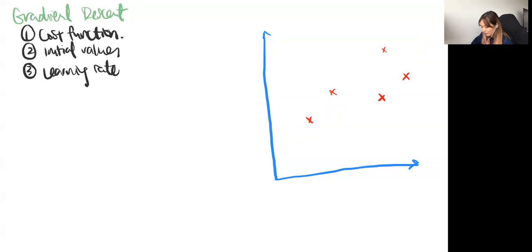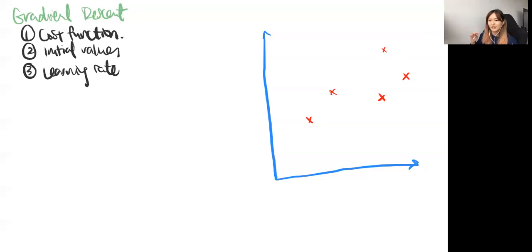It ends up being more efficient over time as cost functions get more and more complicated. How gradient descent works: first off, you have to define some initial values for what you're trying to figure out. In a linear regression, remember that what we were trying to find were our parameter values. What were all our betas? What were our intercept and our coefficients? Those are what we're trying to find.